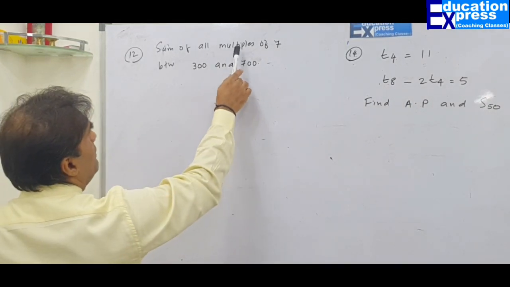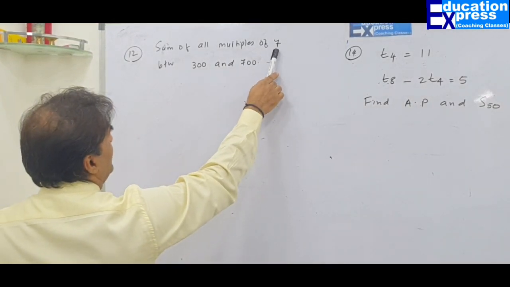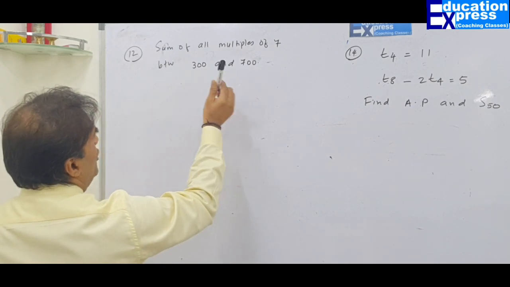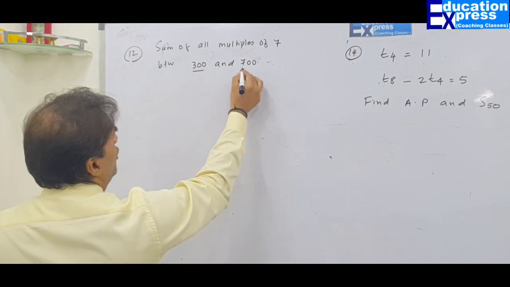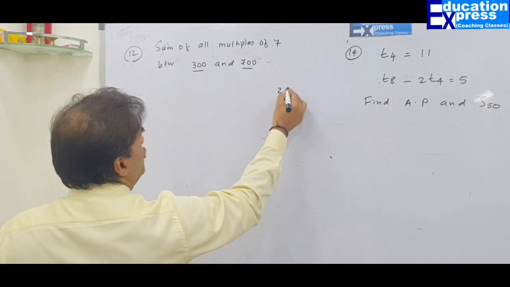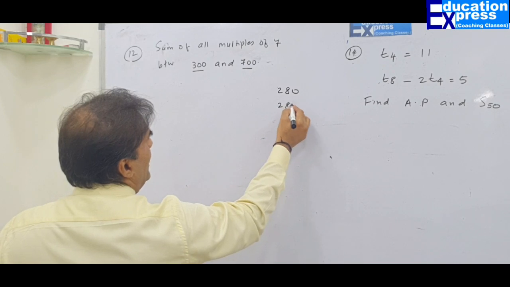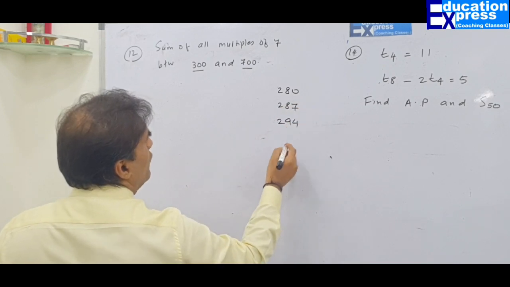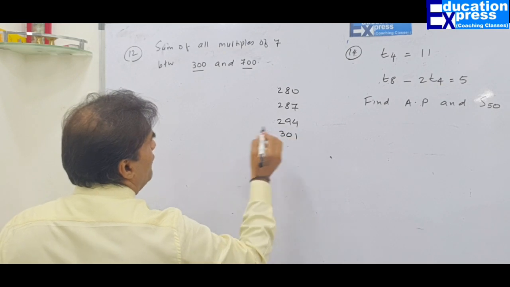Sum of all multiples of 7 between 300 and 700. So not to include 300, not to include 700. If you see, 7 4s are 280, 287, 294, 301.